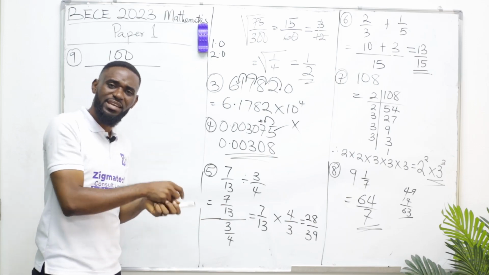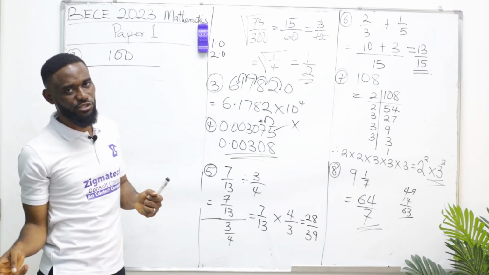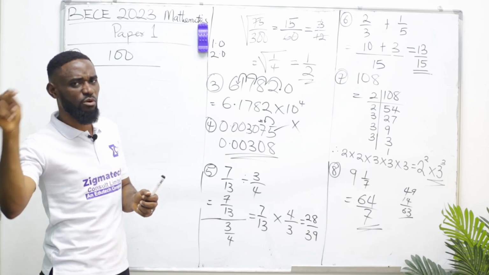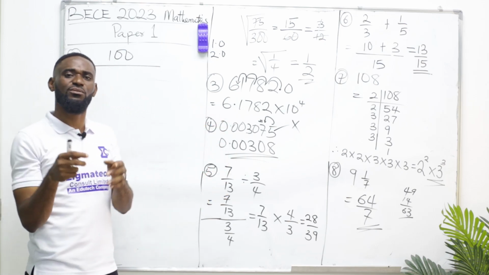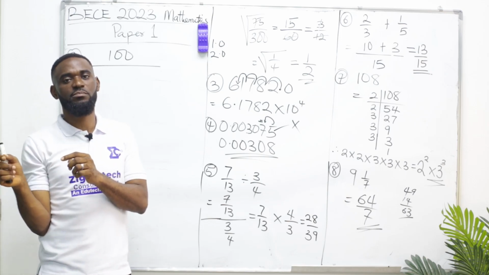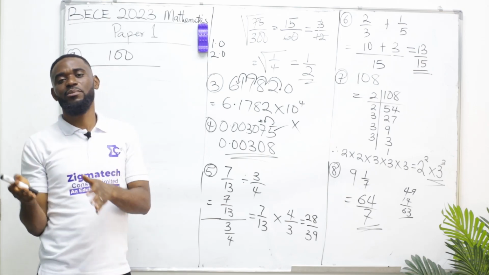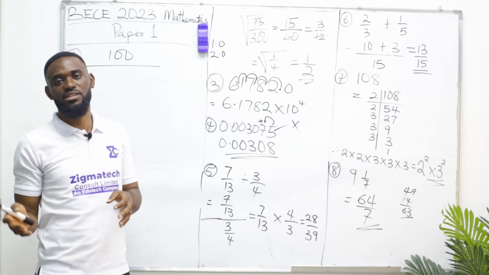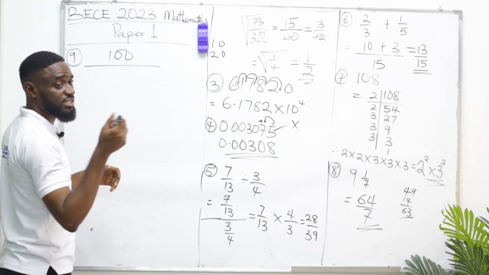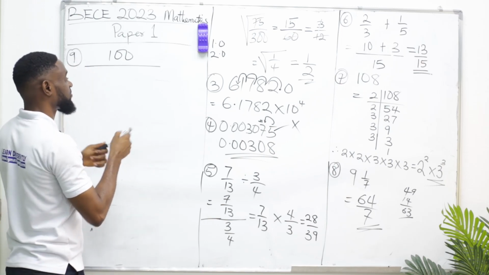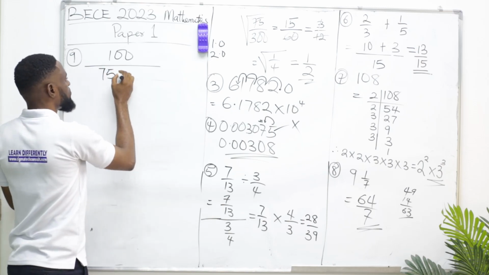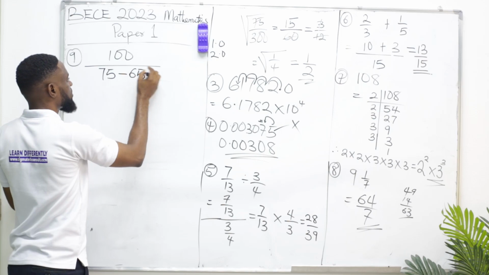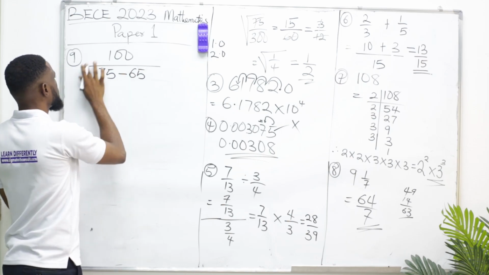Positive difference means that the result should be a positive number, not a negative number. If we do 65 minus 75, it will give us minus something. Do you understand me? But if we do 75 minus 65, it will give us plus something. That is a positive number. So the positive difference between 65 and 75 is 75 minus 65. That is simply what they're asking.